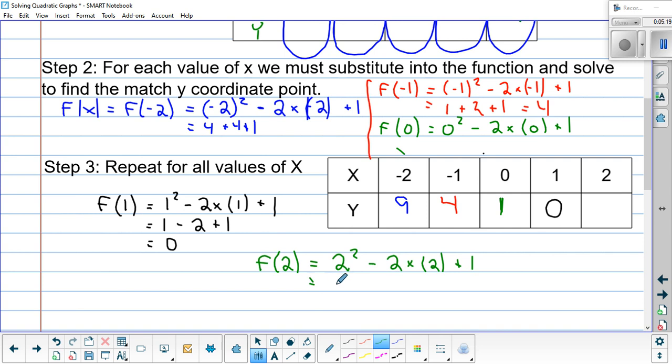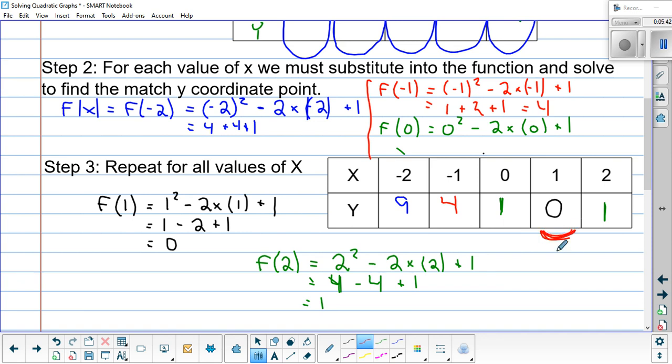So 2 squared is 4. Minus 2 times 2 is minus 4. So that first chunk is 0. And then we add on 1. So our value will be 1. That's why I chose at the last second to change it to green, because I could see what it was going to be. So notice, do our values kind of switch around? Our values turn around.